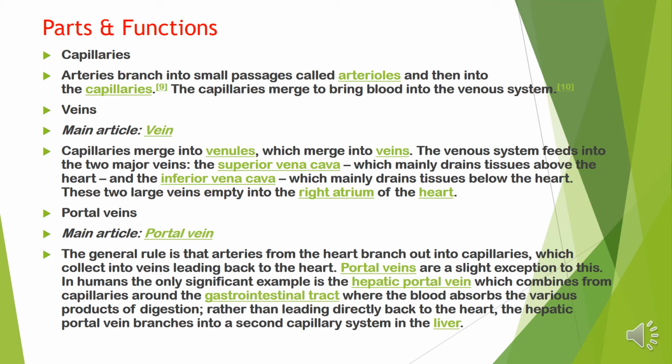The only significant example is the hepatic portal vein, which is formed from the capillaries around the gastrointestinal tract, where the blood absorbs the various products of digestion, rather than leading directly back to our heart. In the hepatic portal system, the portal vein branches into a second capillary system in the liver.